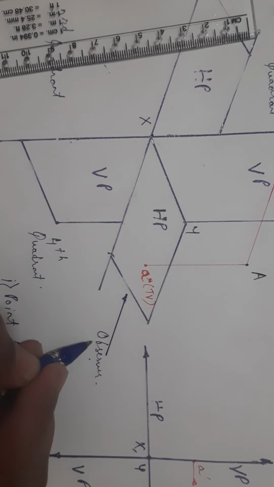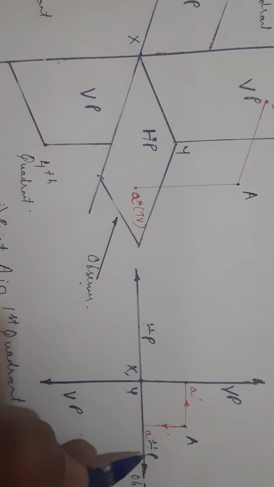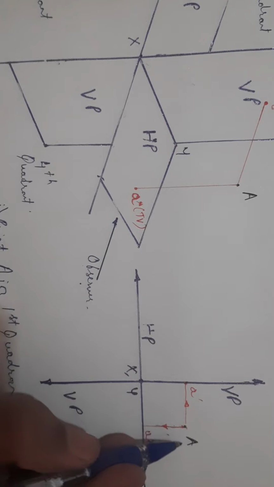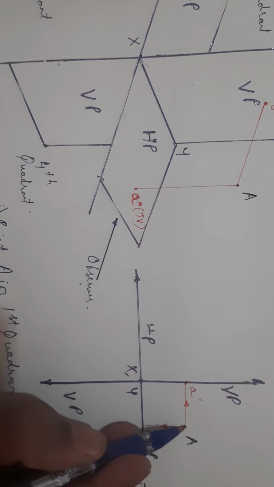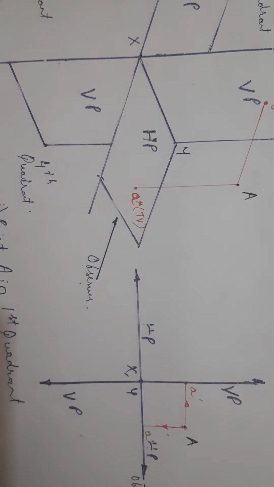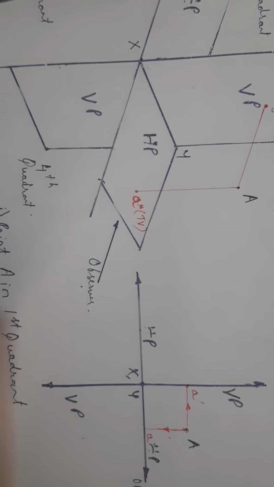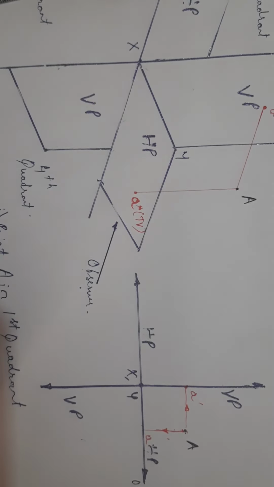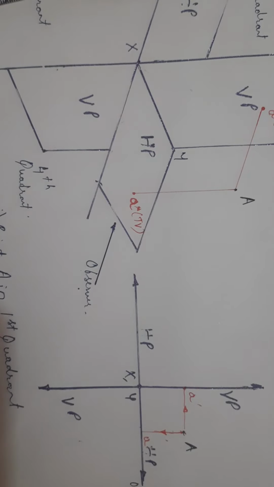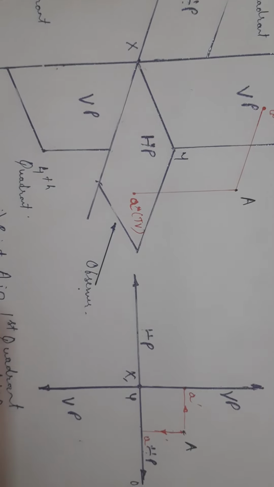So with respect to the observer, if you can see the 3D view or the 2D view over here, point A is above the horizontal plane and in front of the vertical plane. So A is above HP and in front of VP.